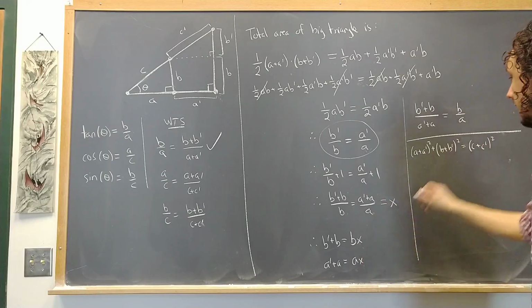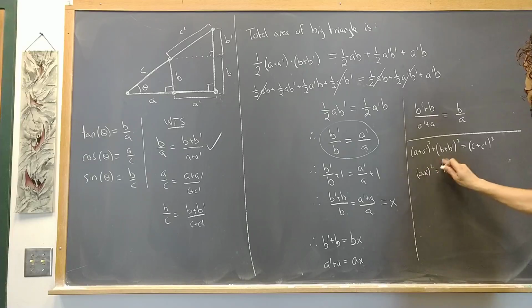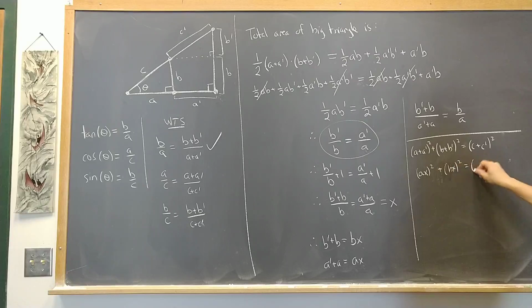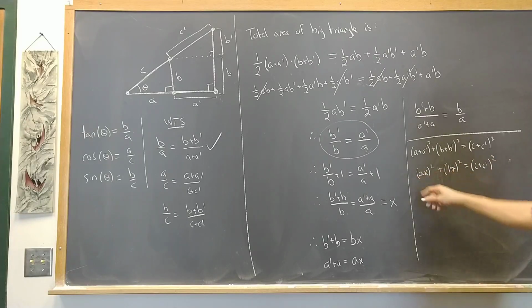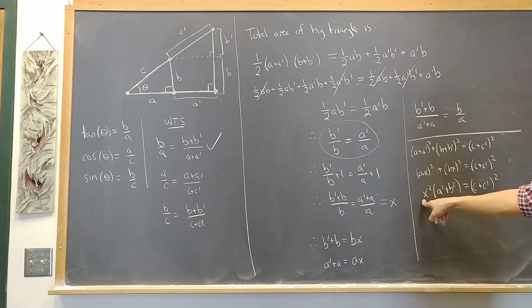But a plus a prime is just ax, so (ax) squared plus (bx) squared equals (c plus c prime) squared. Now factoring out the x gives me x squared times (a squared plus b squared) equals (c plus c prime) squared. That's just factoring out this x squared.